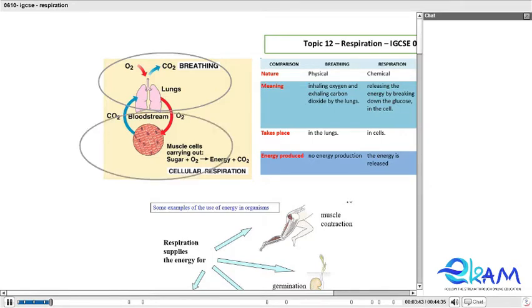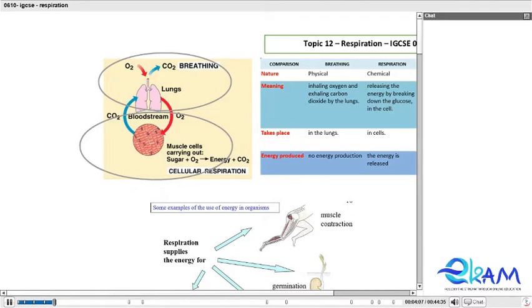So, what is the difference between the first part and the second part? In the first part, oxygen is taken in and carbon dioxide is released by our lungs. So taking in of oxygen and releasing of carbon dioxide by the lungs is known as breathing. What is the use of this oxygen, or from where our body is getting carbon dioxide?